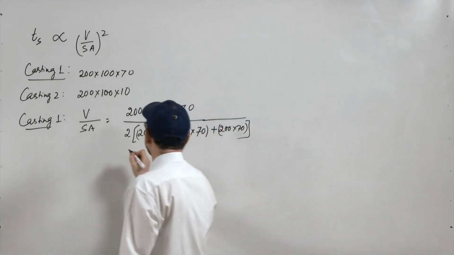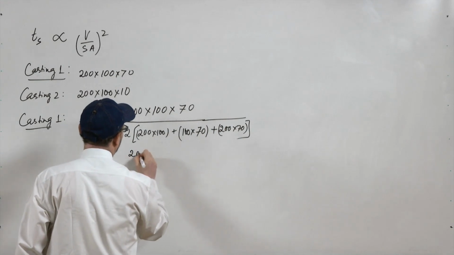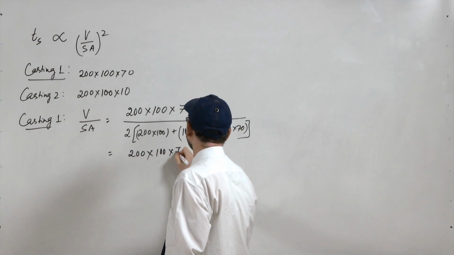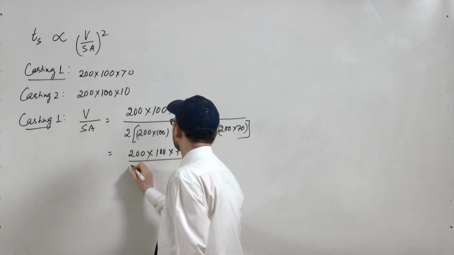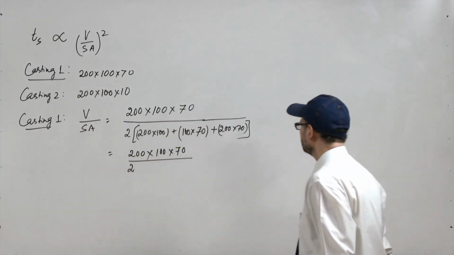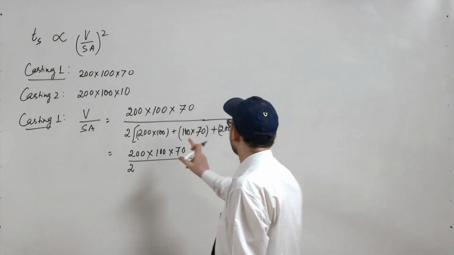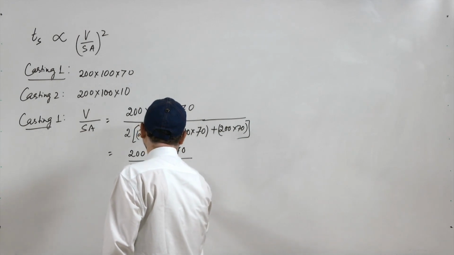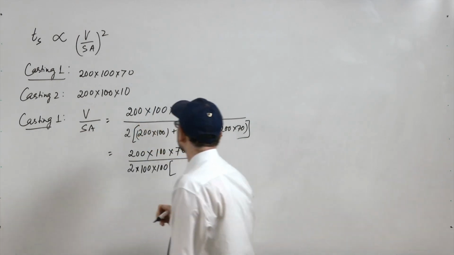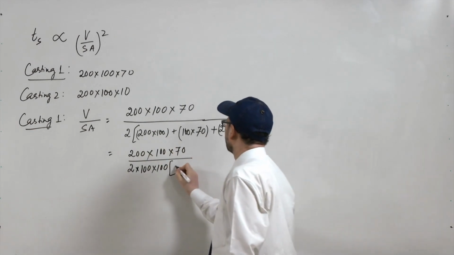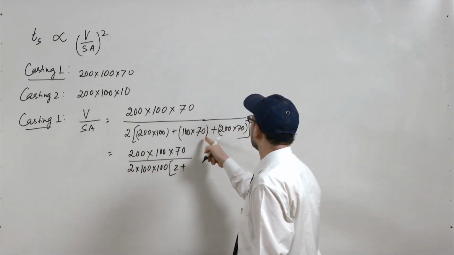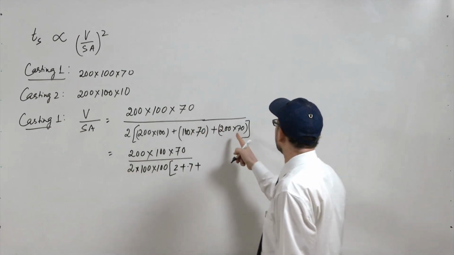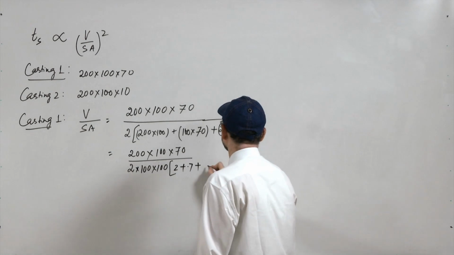So, we will have 200 multiplied by 100 multiplied by 70 upon 2 times, if we take 100 times 100 out, this will be 2 plus 0.7 plus 2 into 0.7, so 1.4.